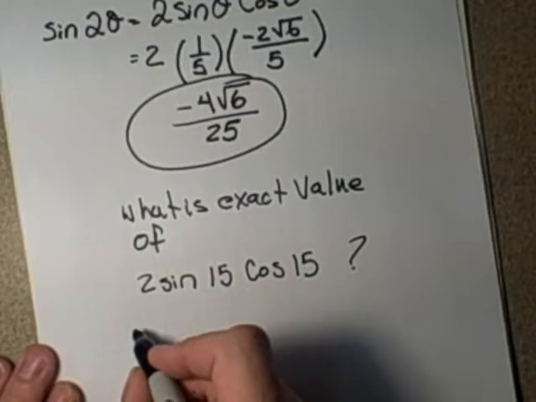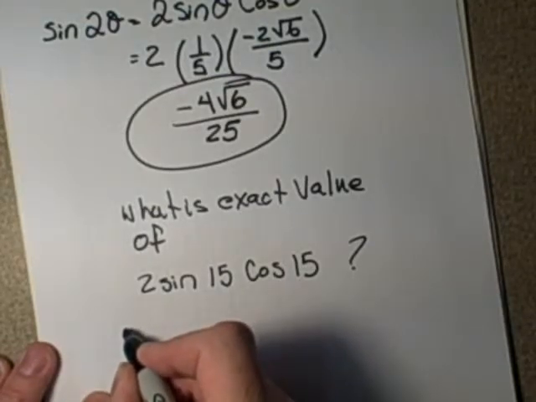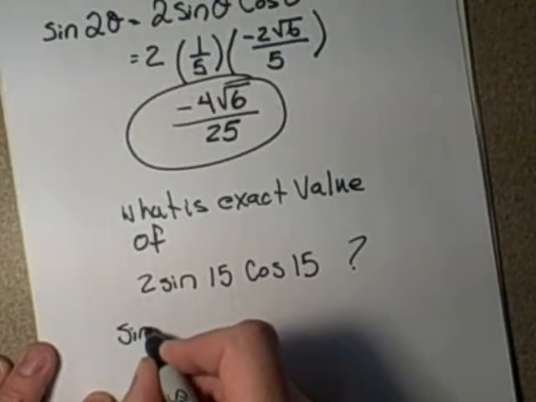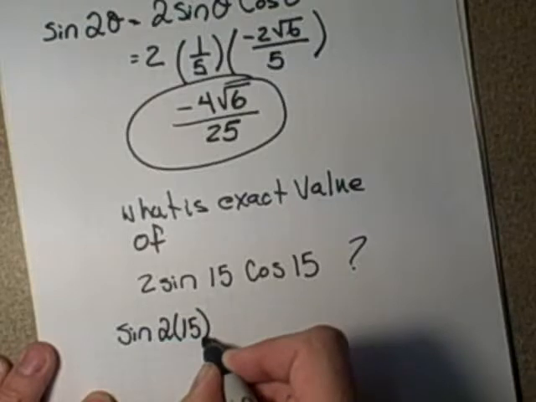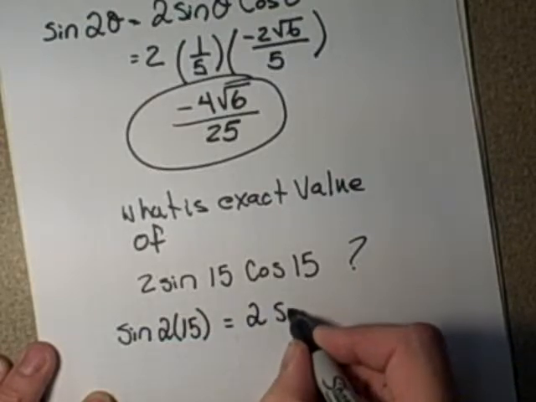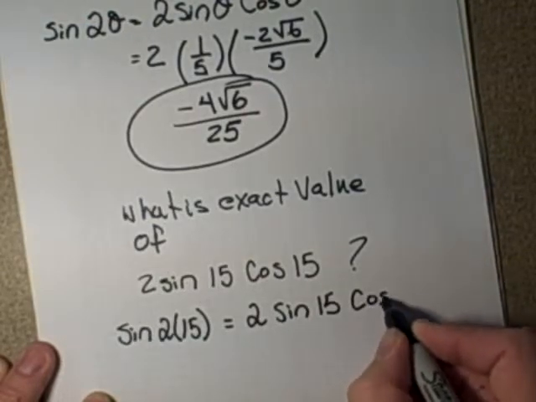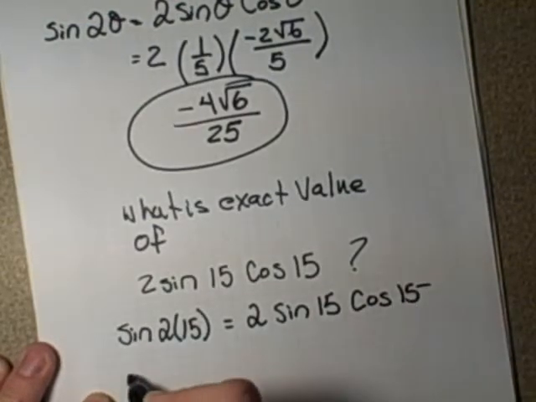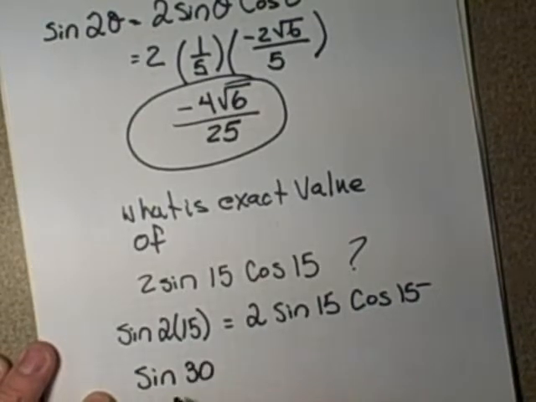So this would be the same as sine of 2 times 15, which is the same thing as saying 2 sine 15 cos 15. Therefore, this would be sine of 30 on this side.